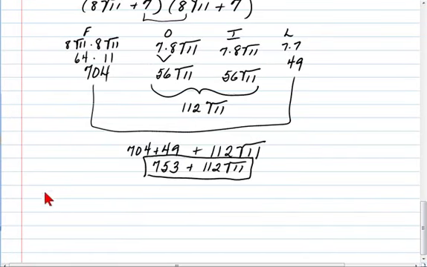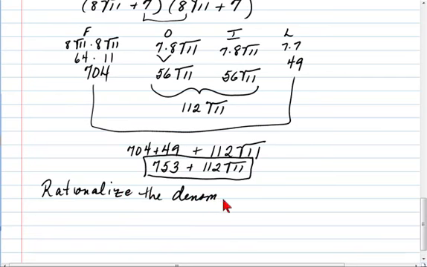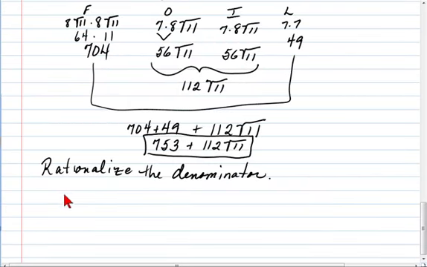Numbers 11 and 12 both ask you to rationalize the denominator. For number 11, I have 3a over the square root of 5.